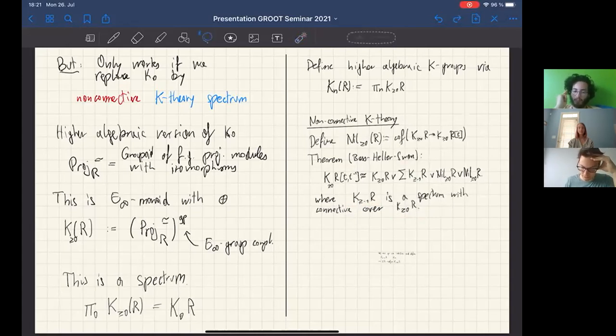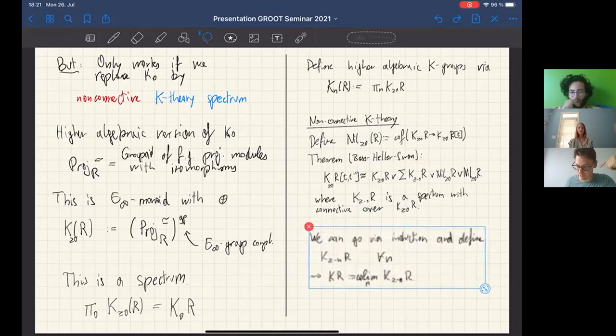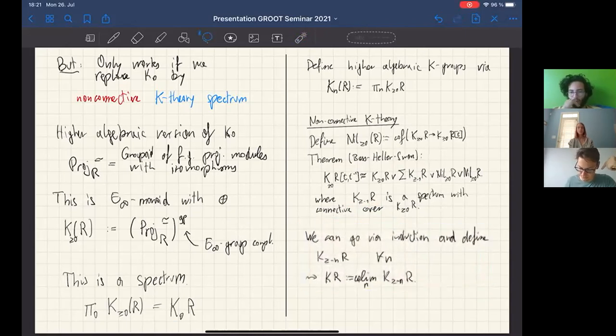And using this machinery, one can go by induction, applying Laurent polynomial rings all over again n many times, and define this term K greater than or equal -n of R. And since we want one object and not n many objects, we define the non-connective K-theory spectrum to be the colimit over this.